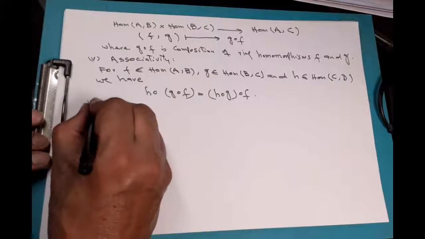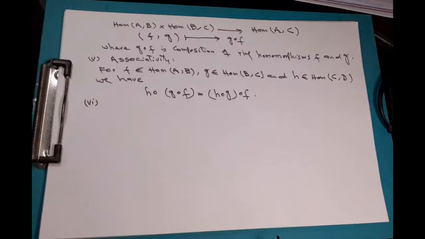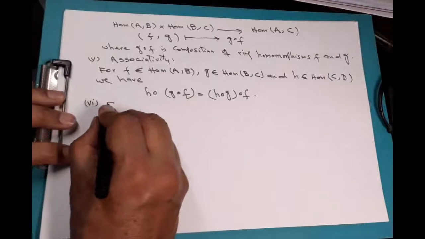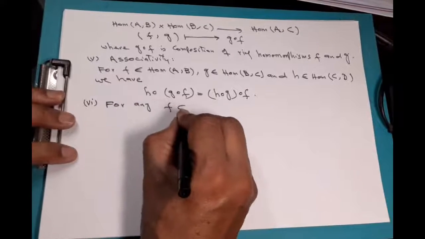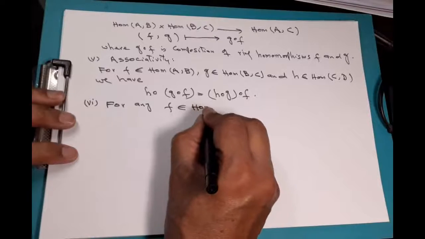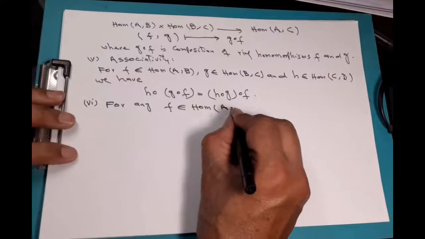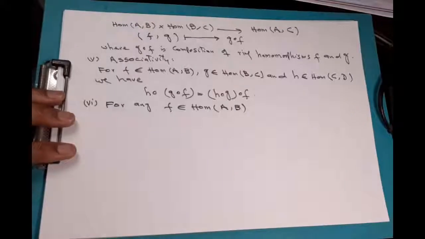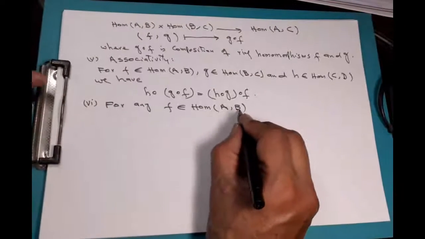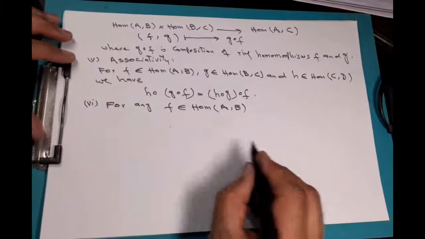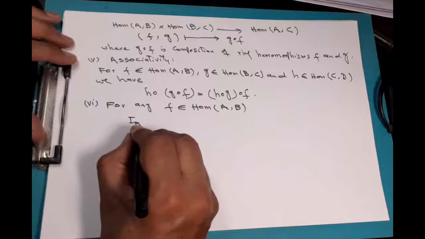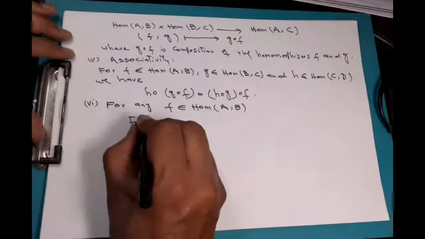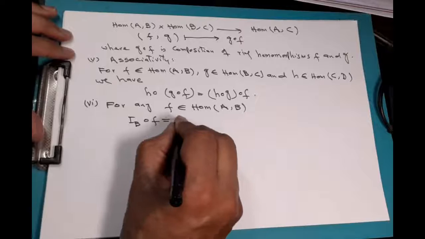And the last condition is about identity ring homomorphisms, and that is for any f belonging to Hom(A,B) where A and B are rings. So for any ring homomorphism with domain A and codomain B, if we compose the identity morphism on ring B with f, the result will be equal to f.